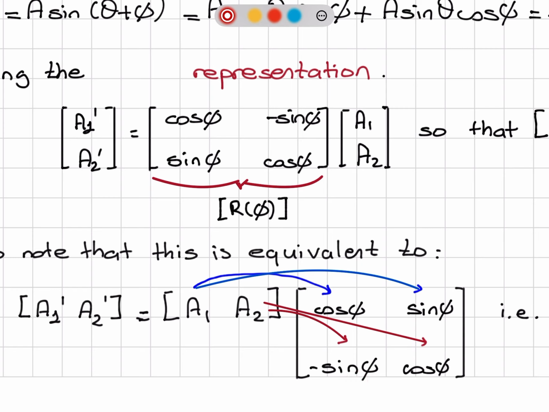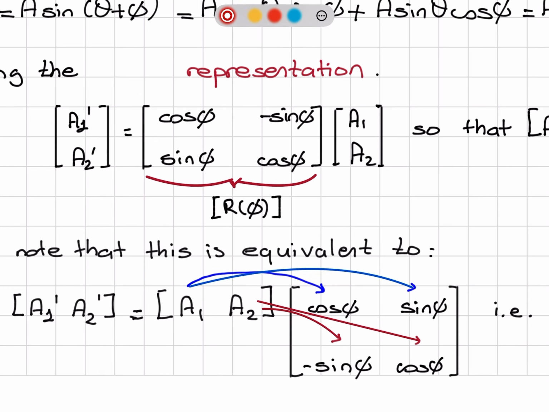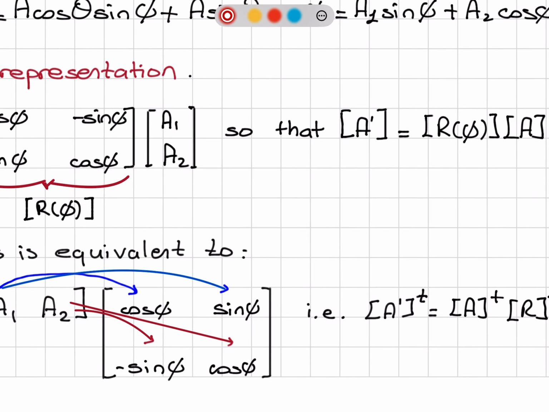So remember, A1 cosine phi minus sine phi A2 is A1 prime, A1 sine phi, A2 cosine phi is A2 prime. So when I take the transpose of this equation, I have the matrix A transpose multiplied with the rotation operation matrix transpose.